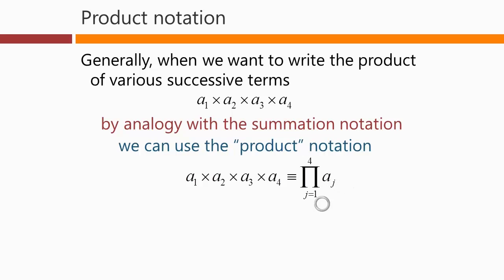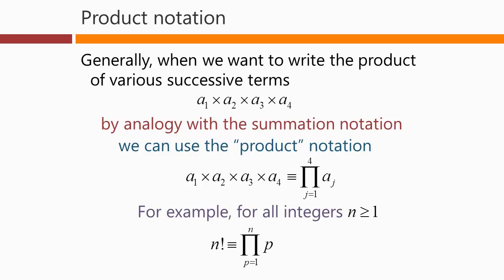So the product from j equals 1 to j equals 4 of aj, of course, is explicitly this. And for example, for all the integers n greater than or equal to 1 at least, n factorial would be the product from p equals 1 to n of the number p in each particular case in the sequence.